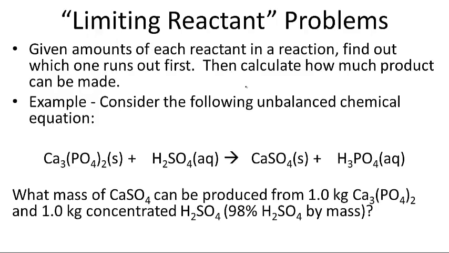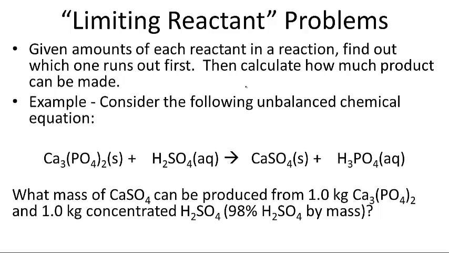All right, so going back to this problem, I'm going to have to do two independent calculations. I'm told I have 1 kilogram of calcium phosphate and 1 kilogram of concentrated H2SO4. I'm going to have to do a calculation independently for each of those things.